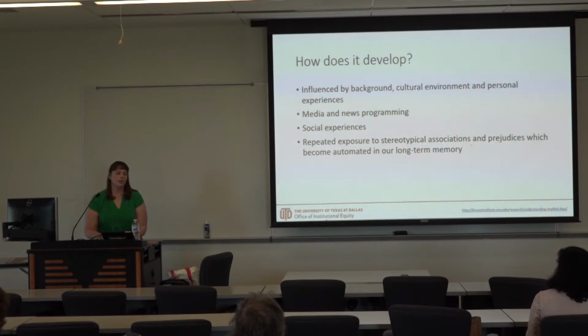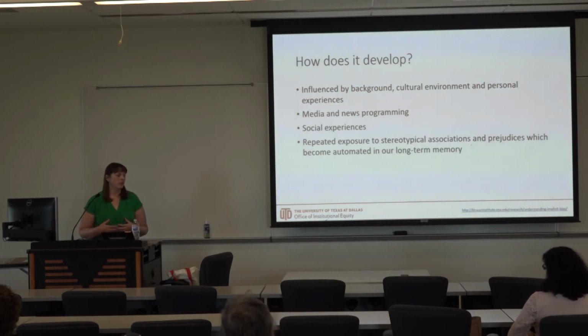So how do these biases develop? Every day we are taking in millions of pieces of information from all sources around us, and our brain has to process that information and decide what it's going to do with it.